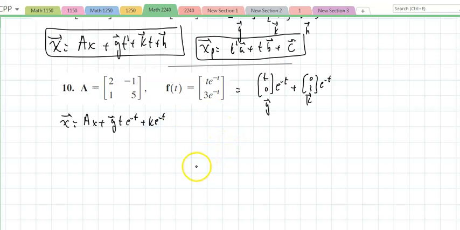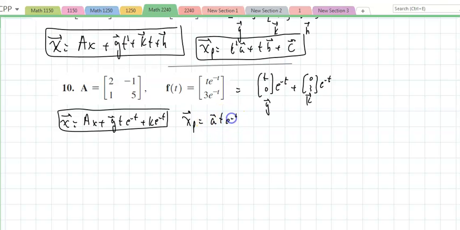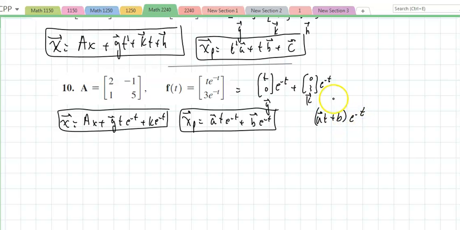And do you notice what's going on here? The particular solution is going to be what? Well, it's going to be AT e to the negative t plus B e to the negative t. And in case you're missing what I'm writing, that's really AT plus B, times e to the negative t, which is what we did before.